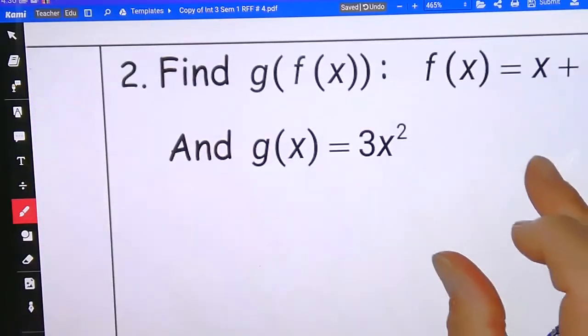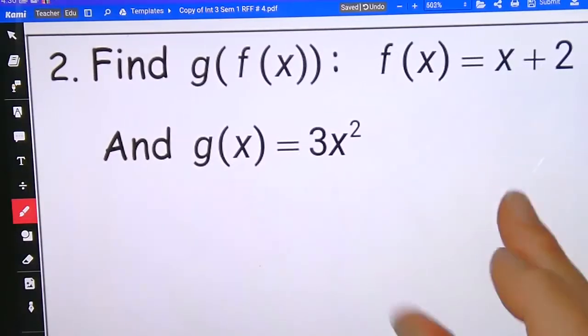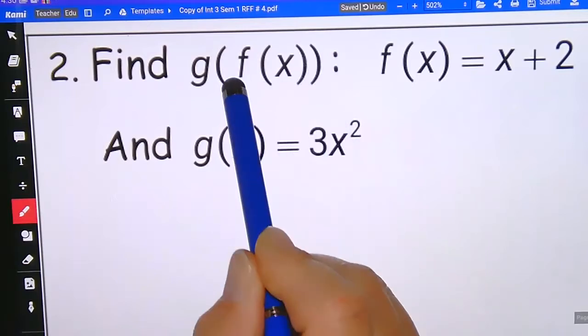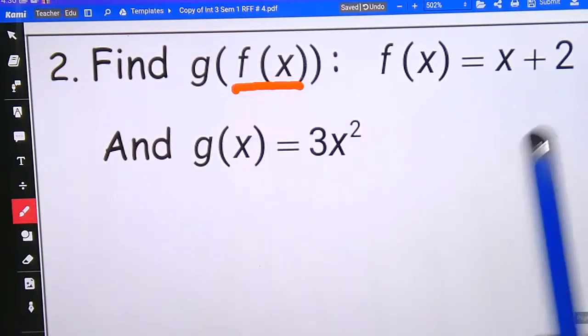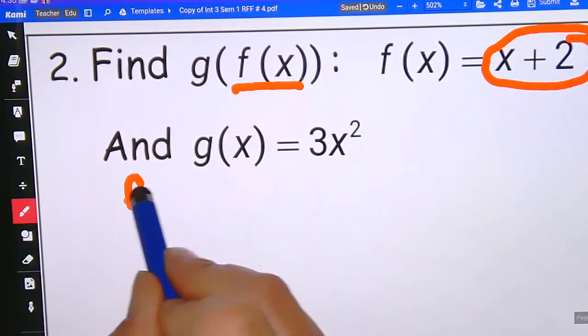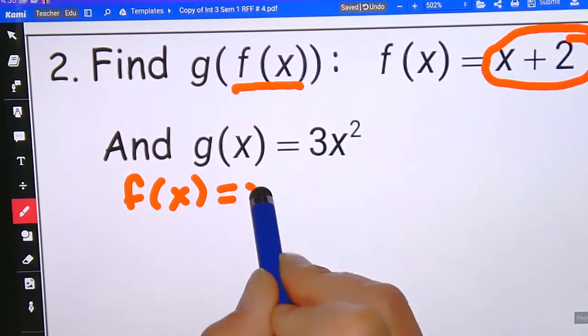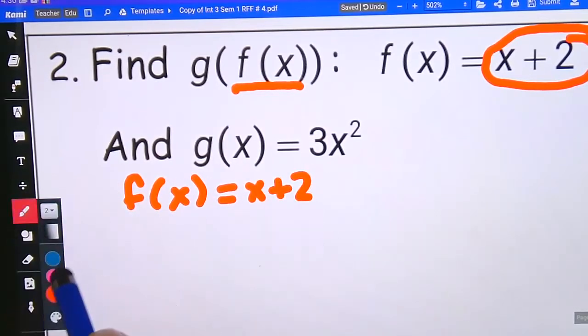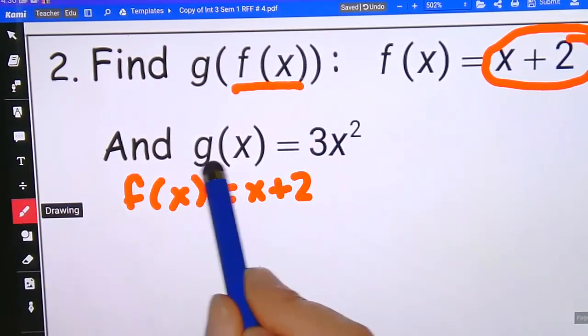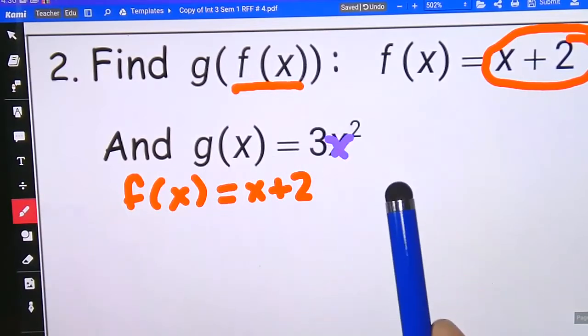On number 2, this is a composition of functions problem. So first thing we're going to do is they want us to do f of x. So f of x is x plus 2. That is what I'm going to substitute into my g now in place of this x.